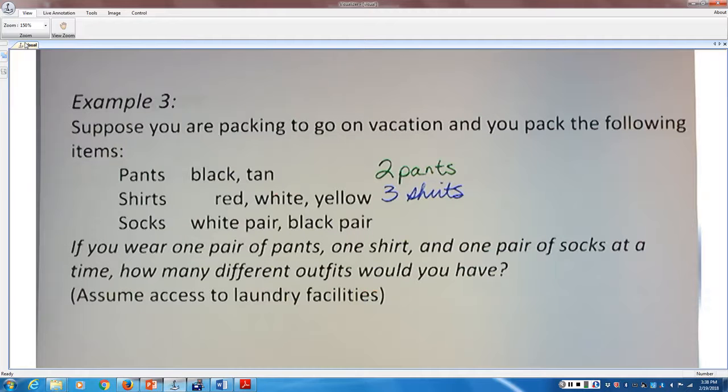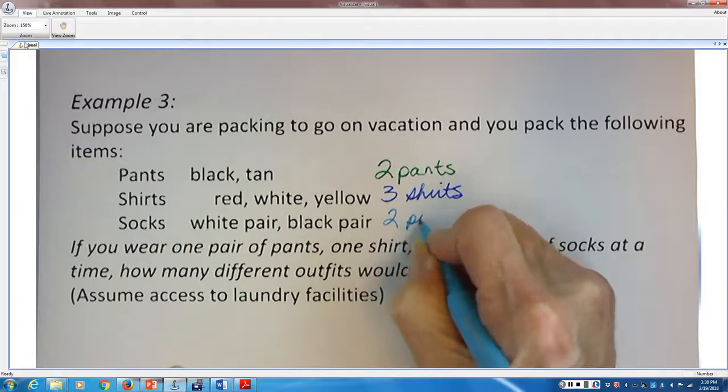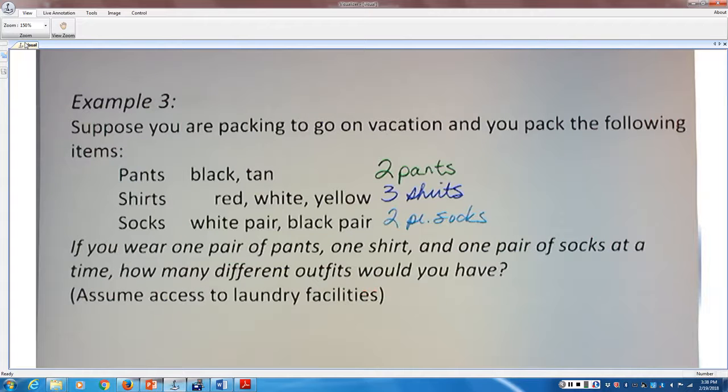And you pack 2 pairs of socks. Now, assuming that you can wash these clothes whenever you need to, how many different outfits could you come up with? How many days could you go without having to wear the same outfit twice?